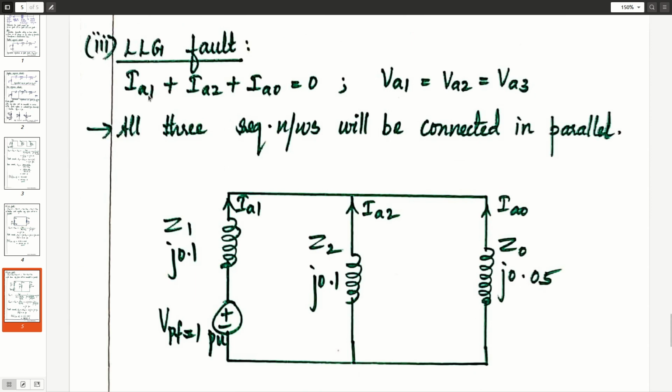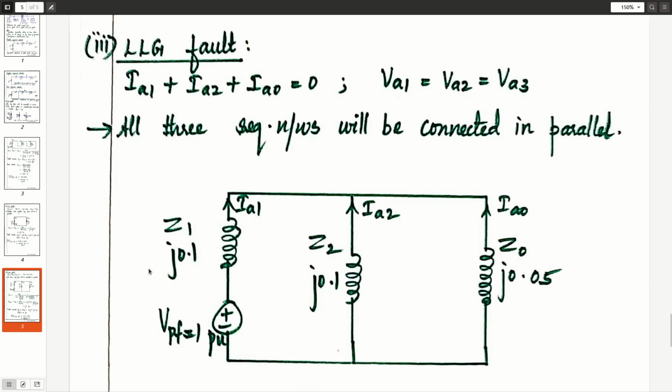So we already know for a double line to ground fault, IA1 plus IA2 plus IA0 will be equal to 0. VA1 is equal to VA2 is equal to VA0, which implies that all the three sequence networks should be connected in parallel. Okay, so the combined network will have all the three sequence networks connected in parallel.